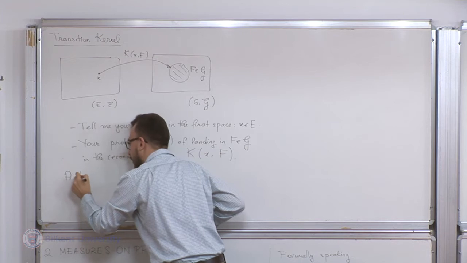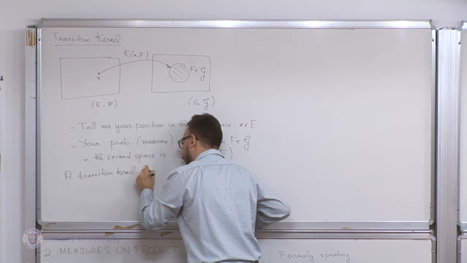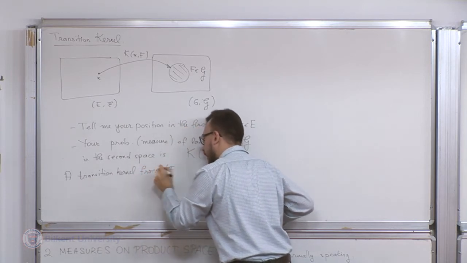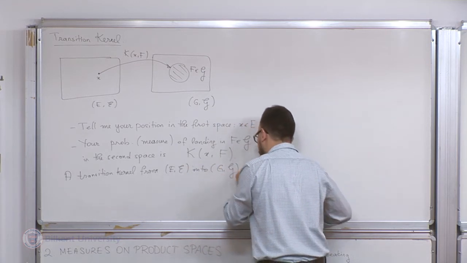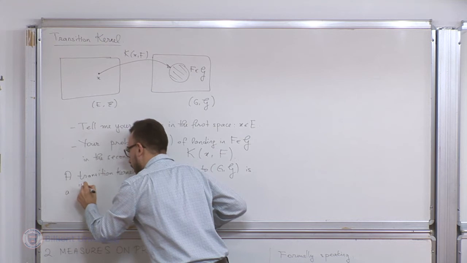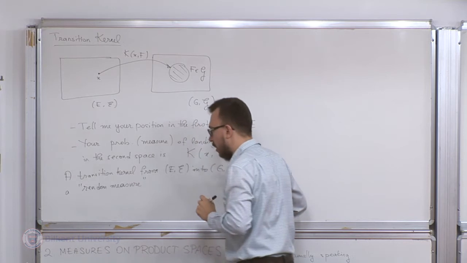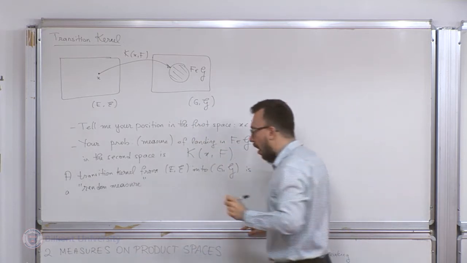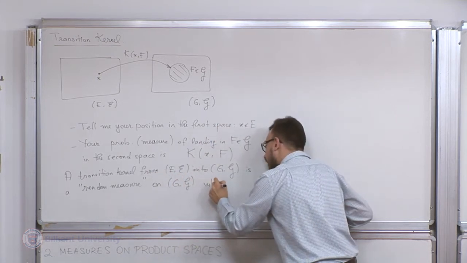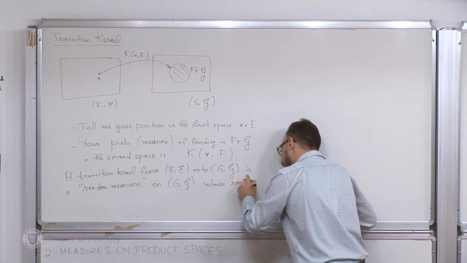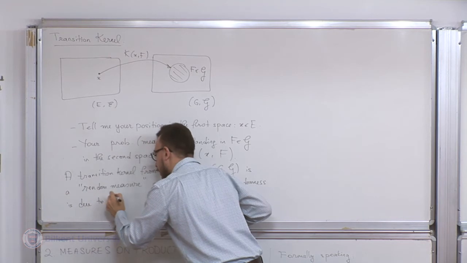So a transition kernel from the first space into the second is a random measure on the second space. It's a measure on the second space whose randomness is due to the first space.